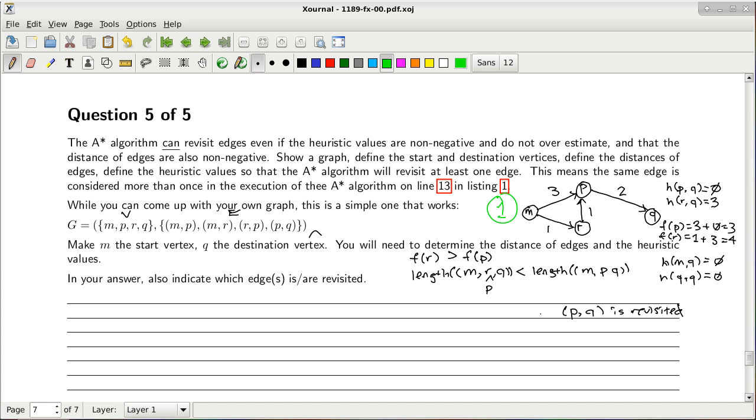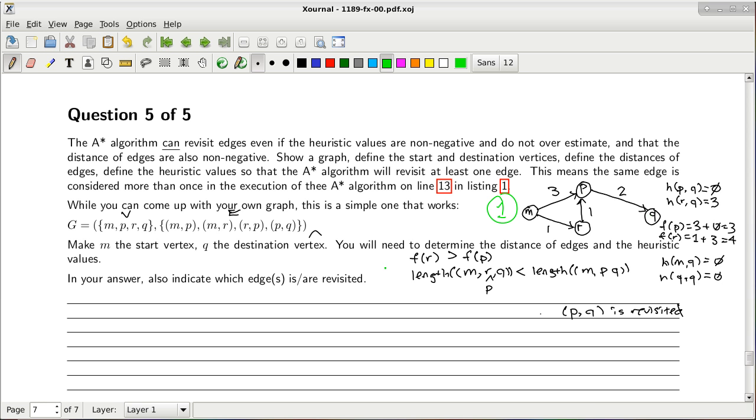And then RP cannot be revisited because the G value of R, once it is determined, or changed from infinity to 1 in this case, is not going to change again.